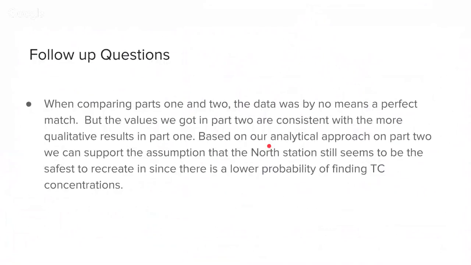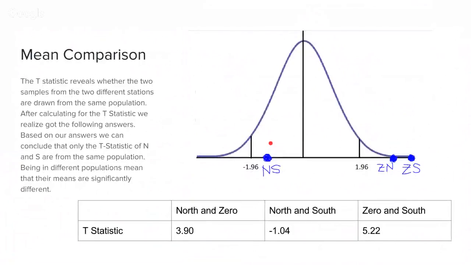So basically, what that means is that at this point, it's reasonable. The north and south means are very reasonably close to each other. That's why we accept it. And for these, they're nowhere near each other, so we do not.